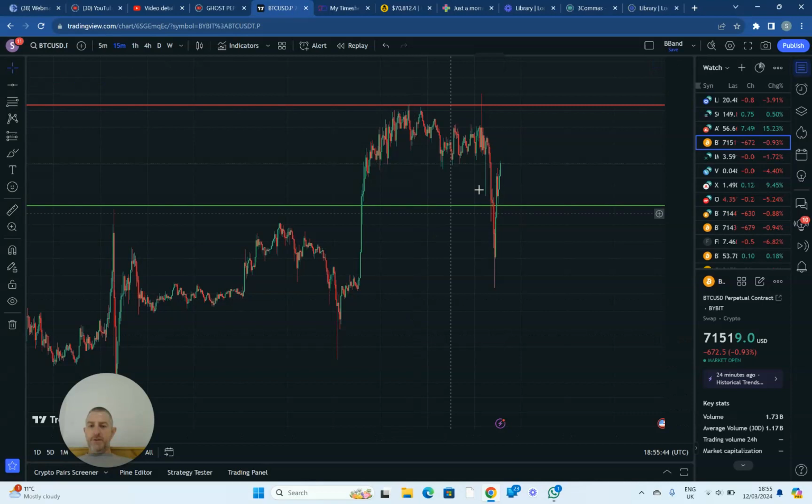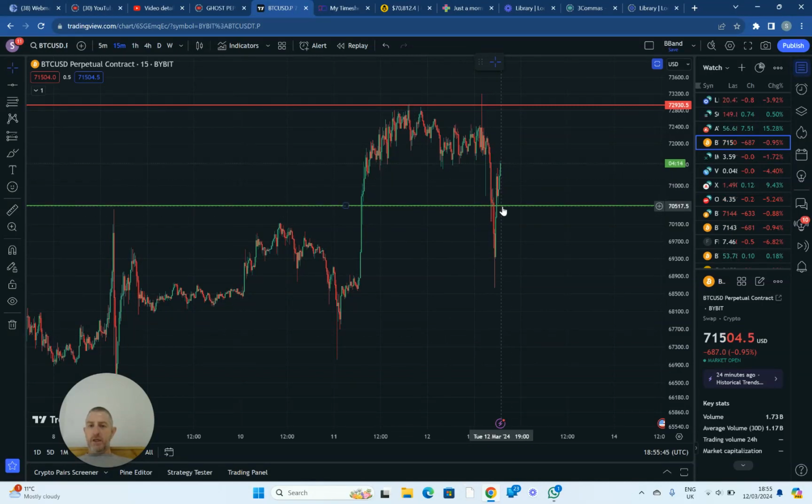And for that to be negated as a support and turned into a resistance, you need at least one 4 hour closure below it, but ideally 2.